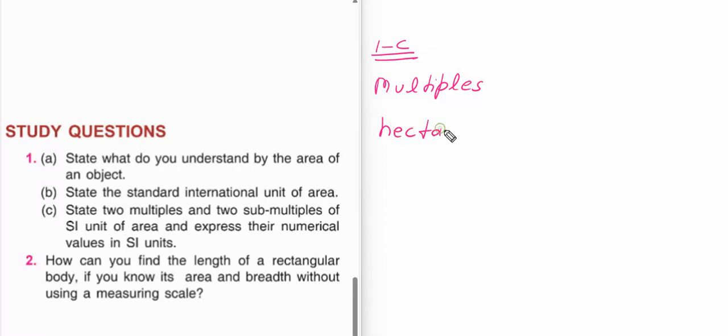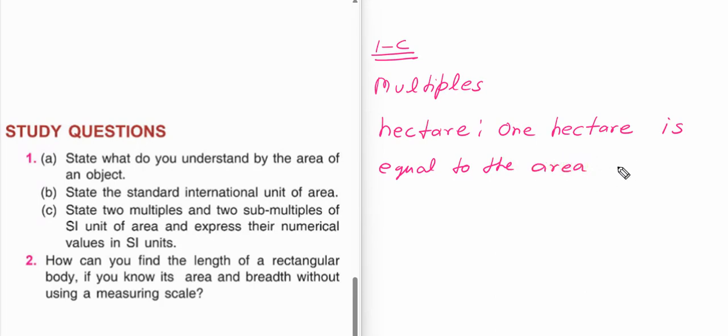What is a hectare? 1 hectare is equal to the area of a square of side equal to 100 meter.